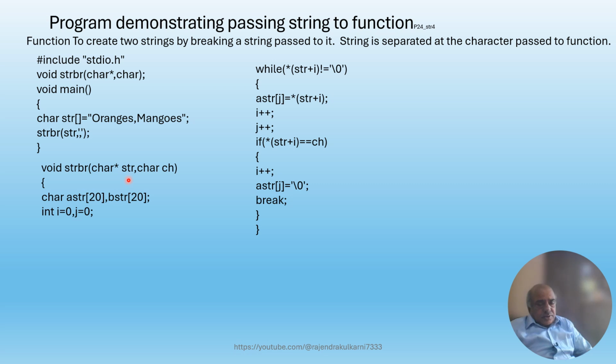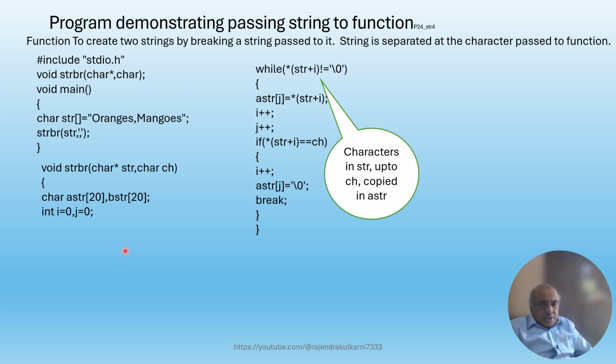That address is received and collected in a char pointer str, and that comma which we have passed is collected by the char variable ch. Then we have declared two strings astr and bstr and two int variables.